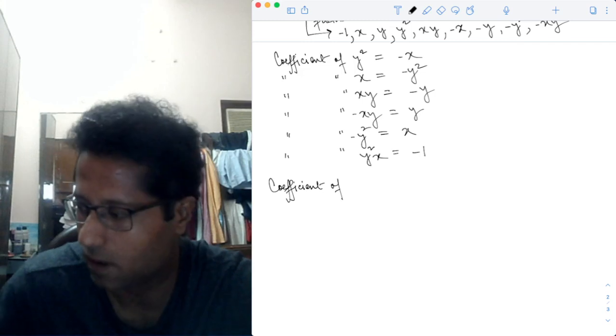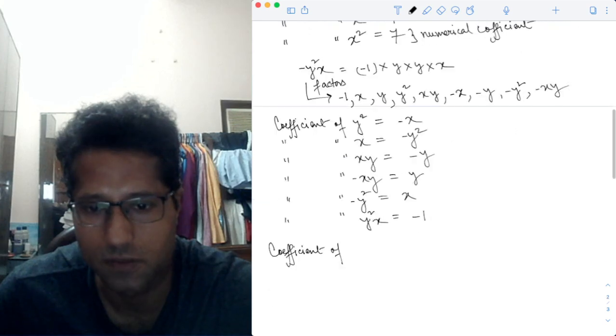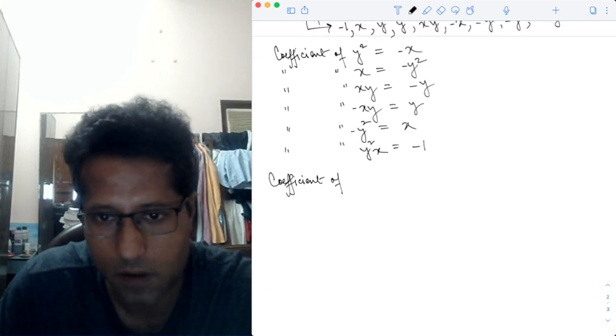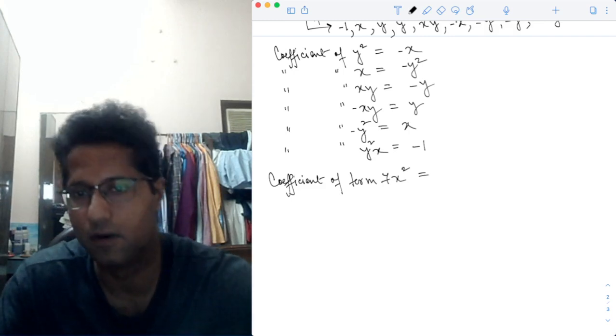Let's say I am discussing with examples only. Let's say the coefficient of term 7x square is, you consider only the numerical part, that is 7.